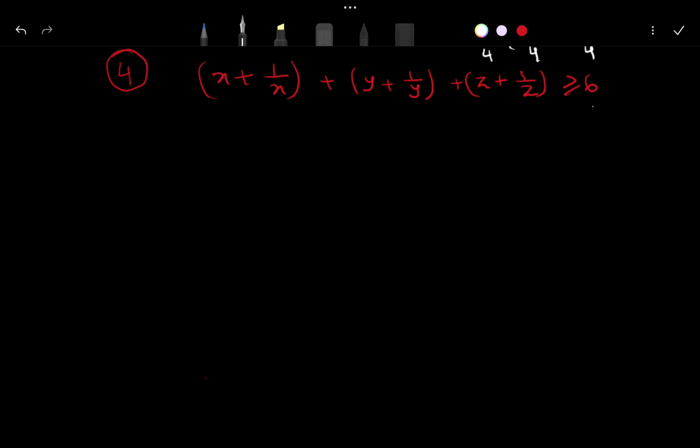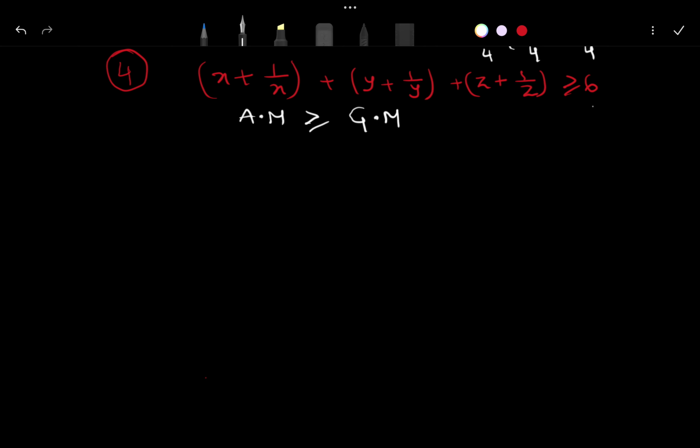Here you simply apply one basic formula: arithmetic mean is greater than or equal to geometric mean. You apply this formula.